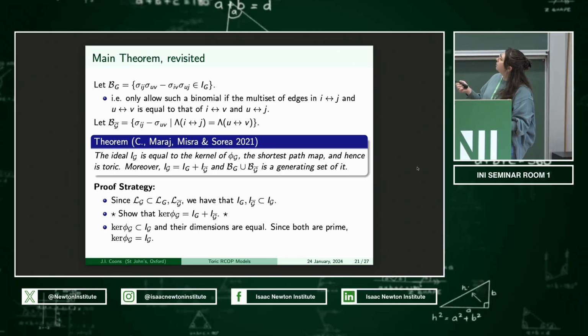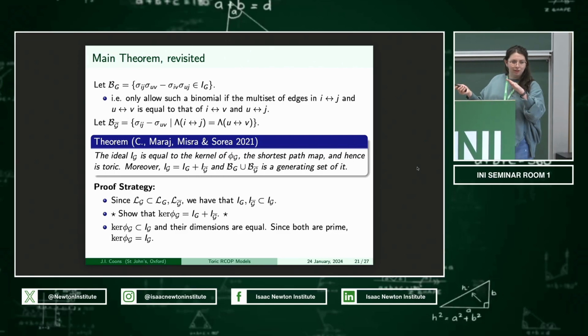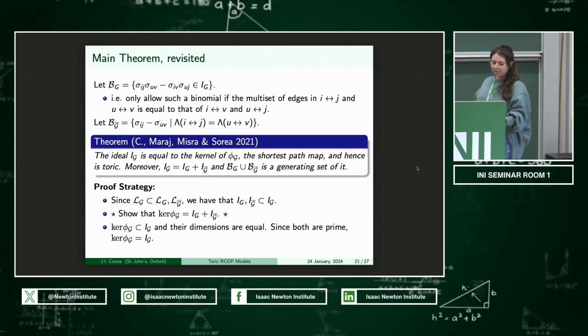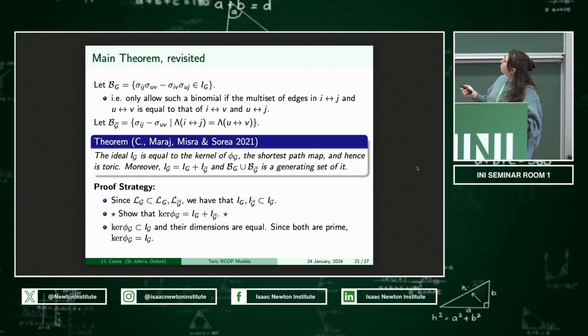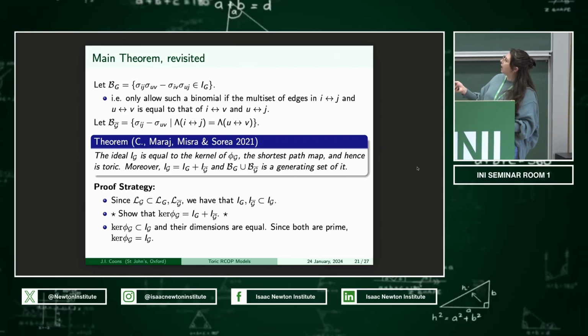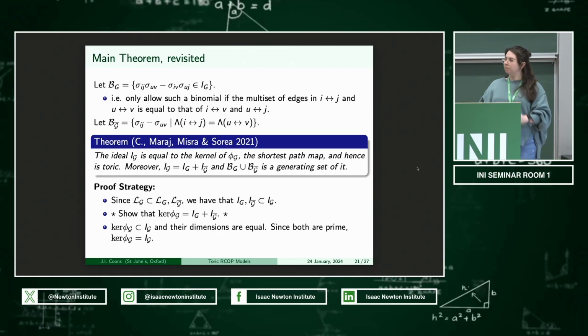I'll let B_G, the uncolored G, and B, the completion of the colored graph, be generating sets of the two ideals. So for this one, these are binomial generators in the uncolored ideal. I only have such a binomial if the multi-set of edges that I use on the shortest path from i to j and u to v is equal to that used from i to v and u to j.